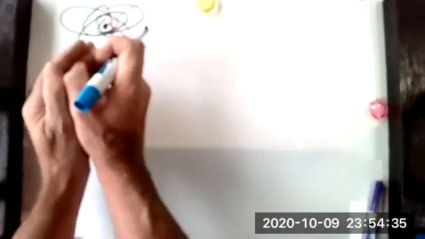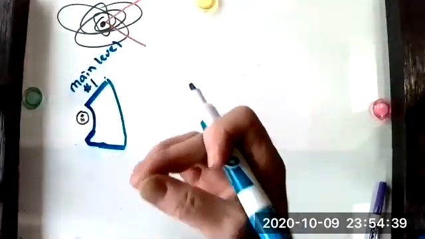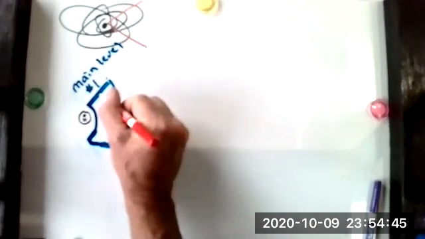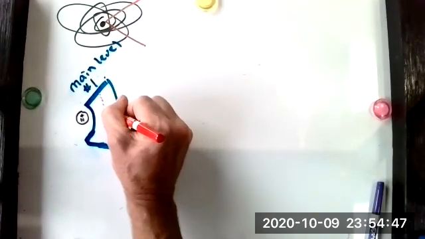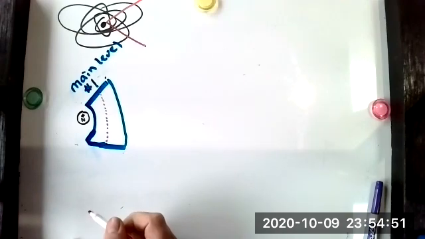And if you could take main level number 1 and open it up, you would see a smaller area of space where electrons hang out. And that smaller area of space is simply a higher probability for the location of an electron.